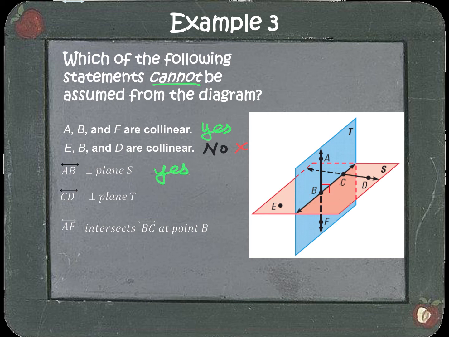However, CD over here, there is no right angle marking here, so this one is no. And then the last one, line AF intersects BC at point B. Well, here is AF, here is BC, and we can see that their intersection is point B, so that one is yes.